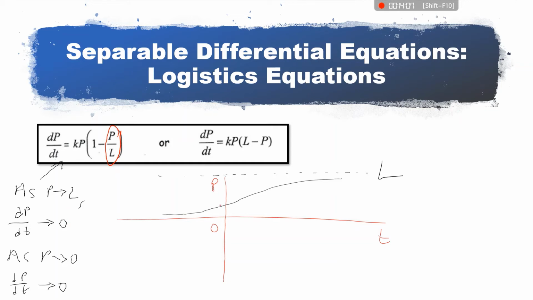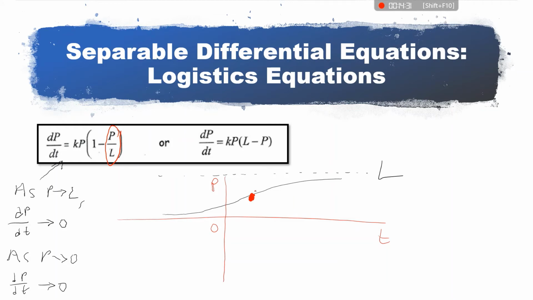So if the population gets close to your limit, then the slope of the population becomes 0. If my population approaches 0, then my change in population over time also approaches 0. So as our population gets down to 0, the slope of this equation also gets down to 0. So we end up with something like this.